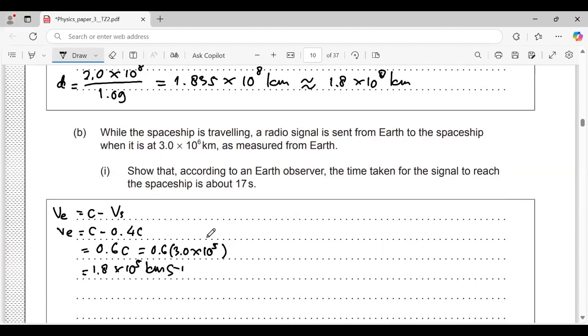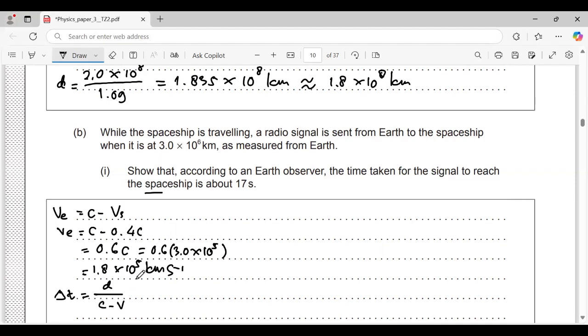Now, the time taken for the signal to reach the spaceship, we are going to use the formula delta t equals, sorry, this is d, delta t equals d over c minus v.